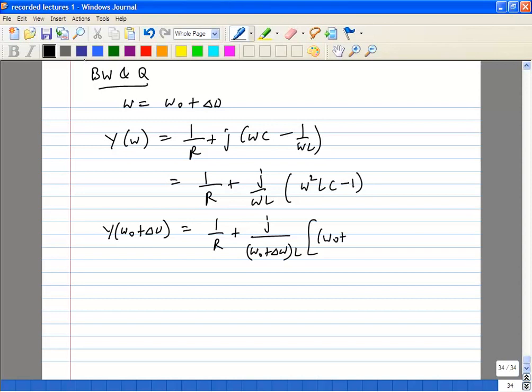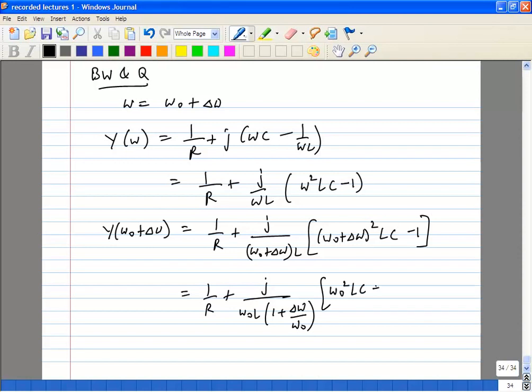So with omega naught plus delta omega, whole squared, LC minus 1, you can expand this further: 1 over R plus, one plus delta omega over omega naught times omega square LC plus 2 omega naught delta omega LC plus delta omega squared LC minus 1.